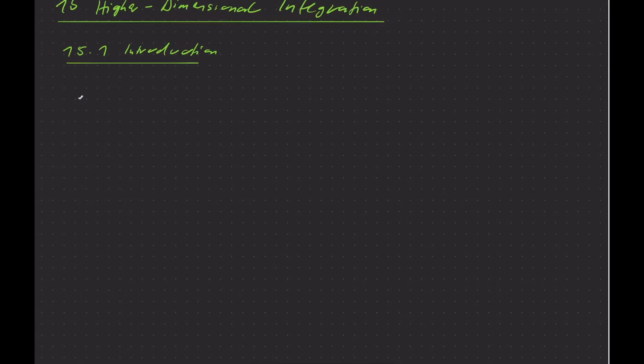So for functions on R, integration serves mainly two purposes.